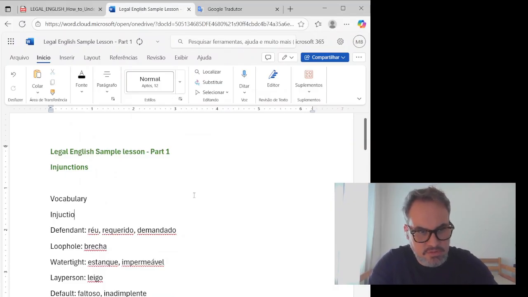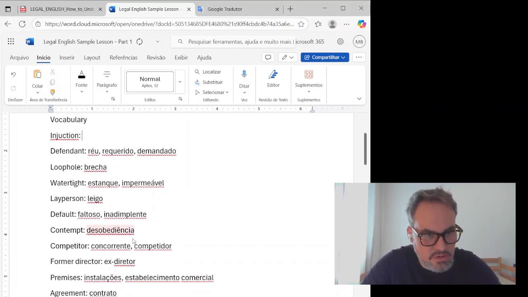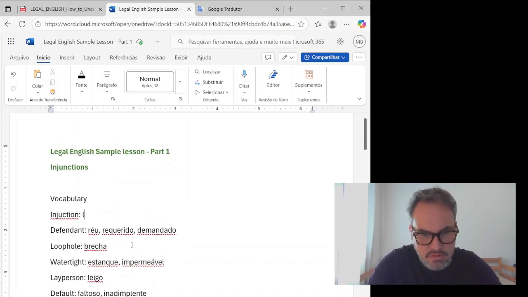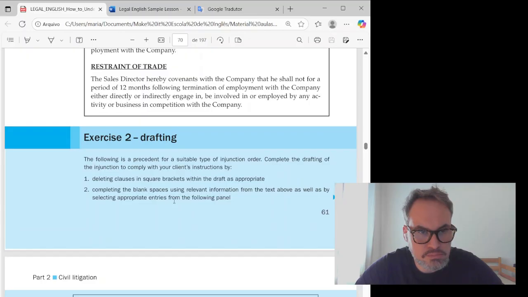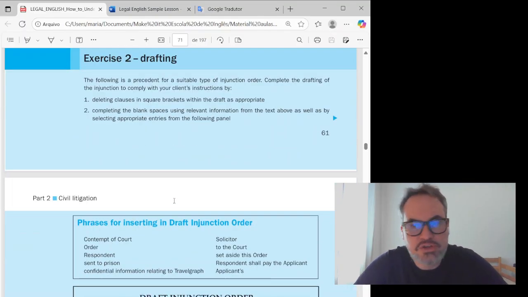Injunction. Yeah. Dominar. Ordem judicial. So, the following is a precedent for a suitable type of injunction order. Complete the drafting of the injunction to comply with your client's instructions by 1.